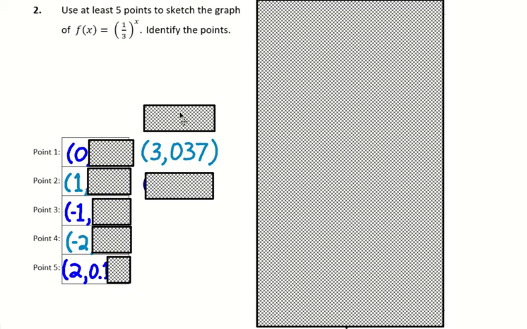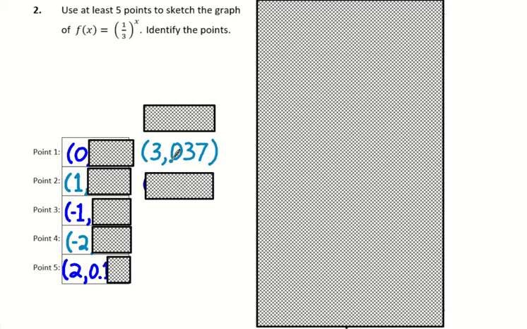So 1/3 all to the 3rd power. So if I'm plugging in 3, I'm going to get, grab my pen, get the right color. Okay. And it's supposed to be a decimal point right there.